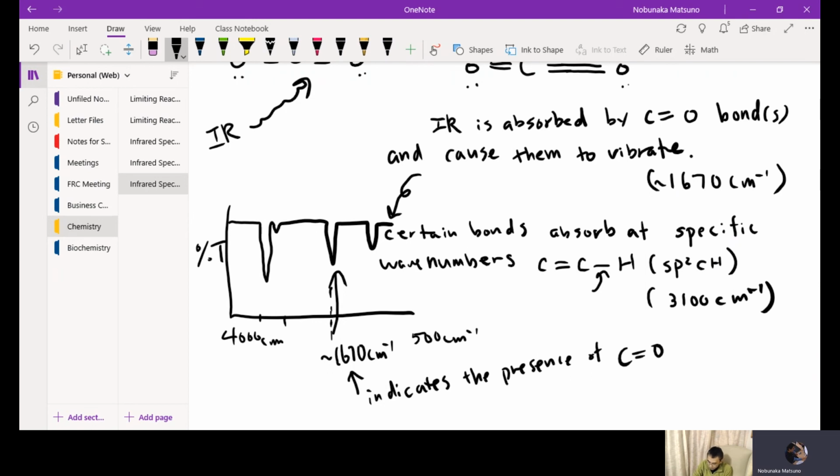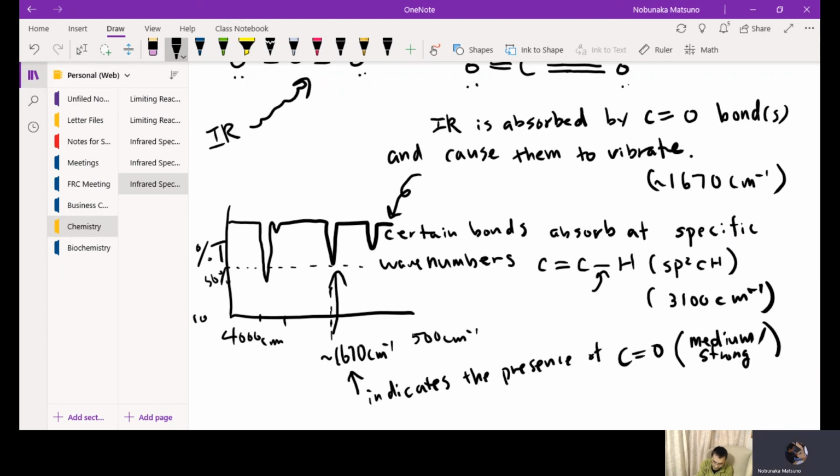Now, a C double bond O is typically medium to strong. Medium means roughly about 50% transmittance.